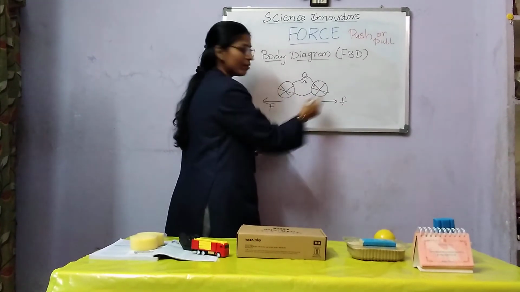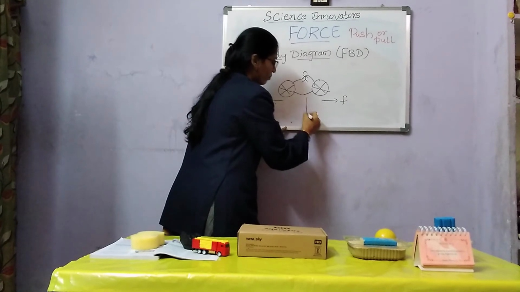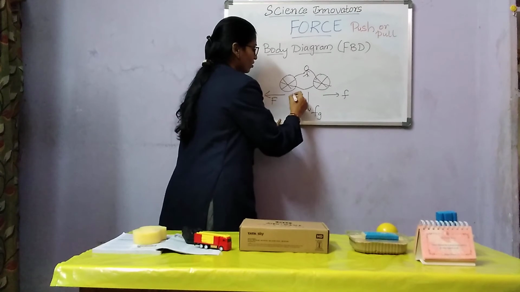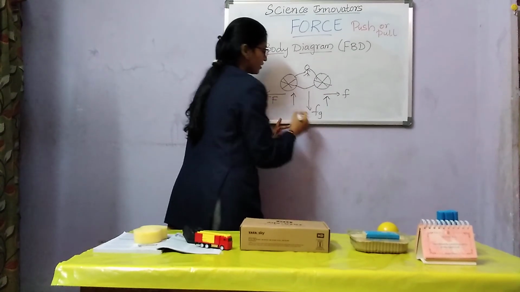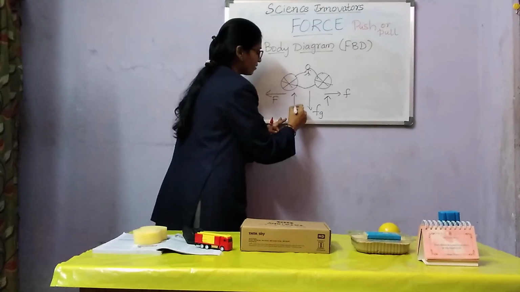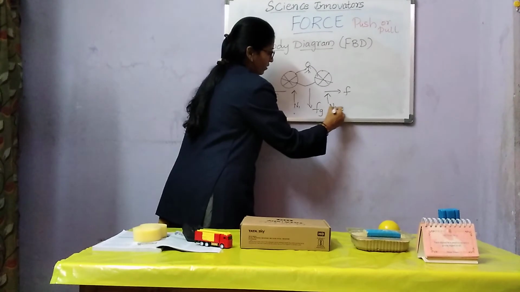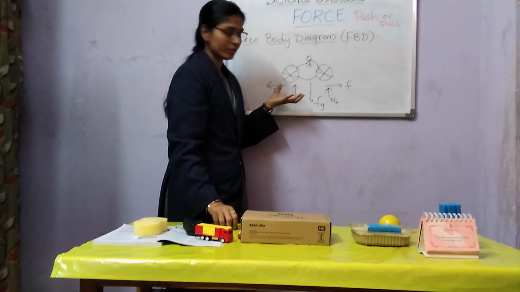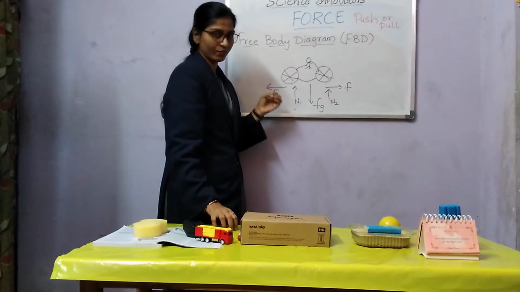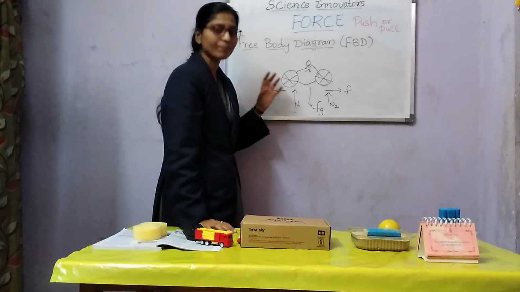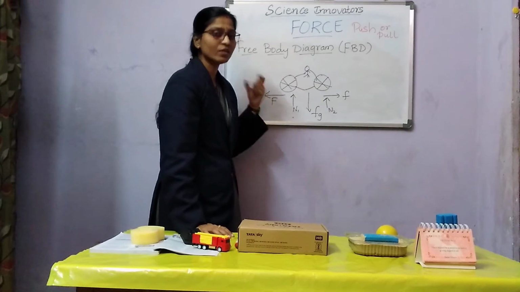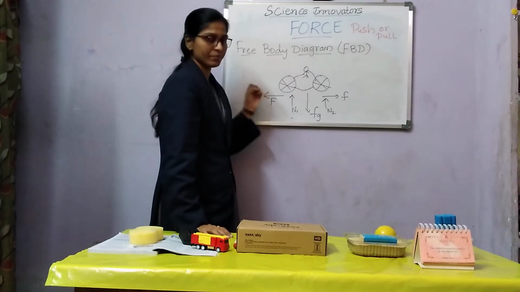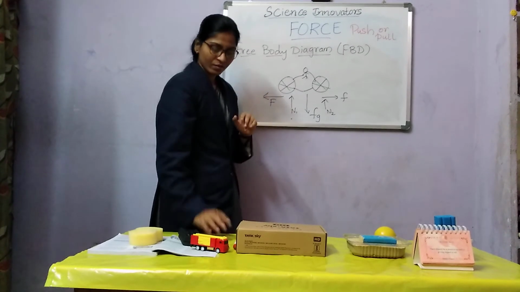The total weight of the vehicle is pulled by the gravitational force, and the normal forces are always in the upward direction, making the vehicle stand on the ground. These are all the different forces acting on a vehicle moving on the road. This is a diagram which shows all the different types of forces acting on an object.